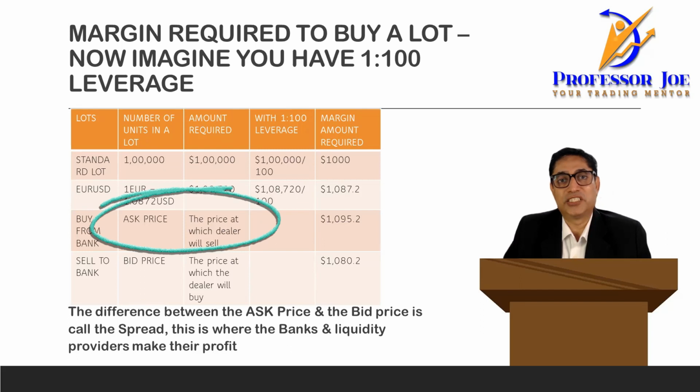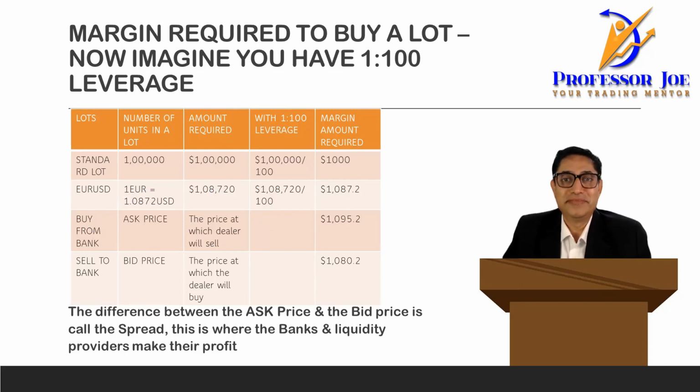This is called the ask price. And when you go back to sell that same lot of euro back to the broker, they will only pay you $1,080.20. Now, this is just an example that I'm taking. So here they are charging you $7 for one standard lot while buying and while selling. So the gap is $14.